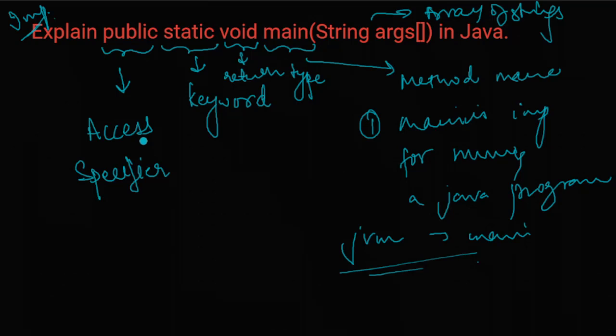Then static. Whenever we write the main function, we make it static so that it's easily invocable by JVM without instantiating the class, because we don't want that. Then void, as you know, it's a return type, so we don't want to return anything from this particular function.